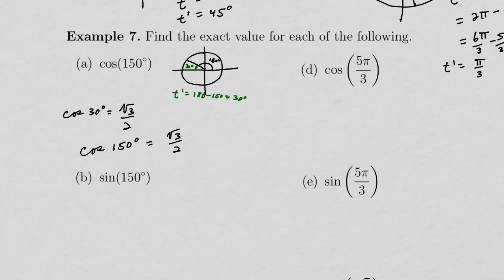In the second quadrant, sine is positive and the other two are negative, which means cosine and tangent are negative. So in this case, cosine must be negative because I'm in the second quadrant. So that would be the answer. It's the same answer as cosine of the reference angle, except I had to correct the sign. It could be positive, could be negative, but because I'm in the second quadrant, the cosine is negative.